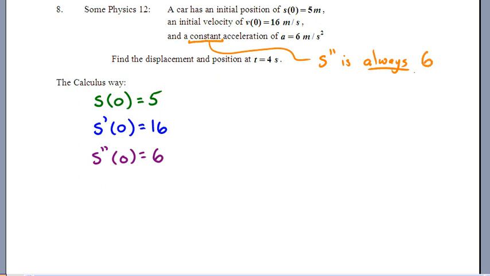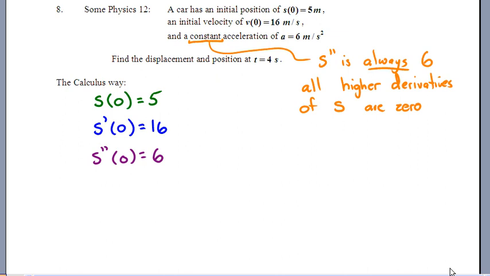So if it's always going to be 6, then all higher derivatives are equal to 0. It can't change. All higher derivatives of s are 0.